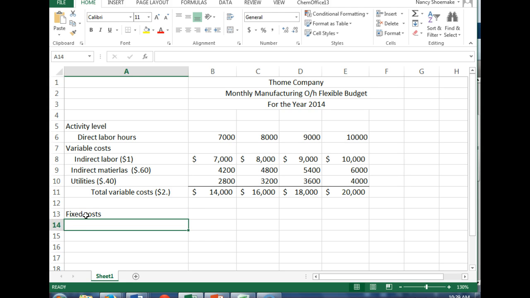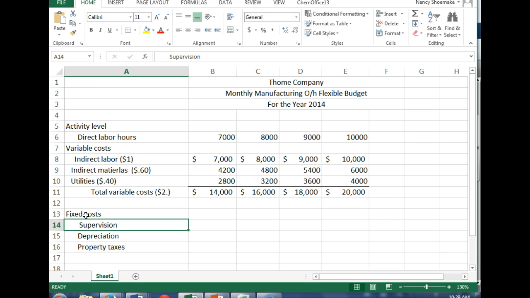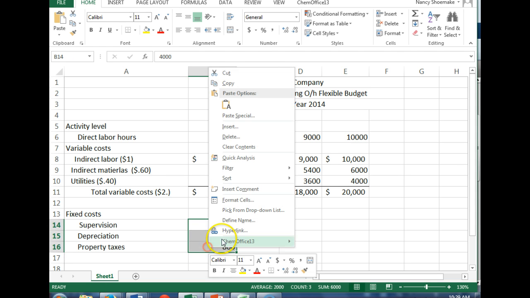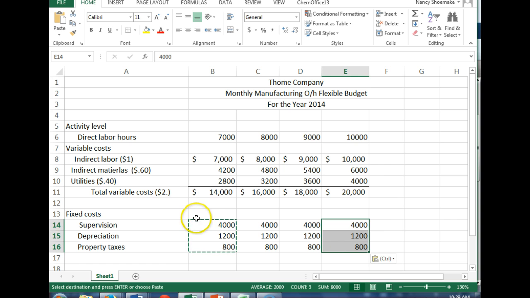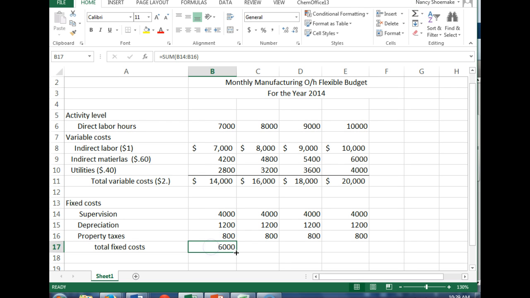Our fixed costs, are they going to change with activity level? Right? So our total fixed cost here is $6,000 across the board.